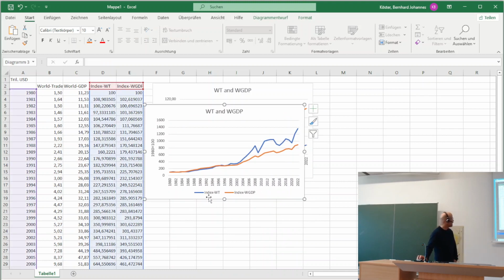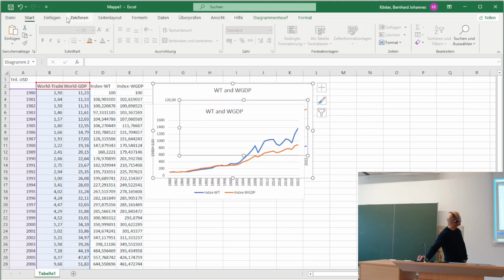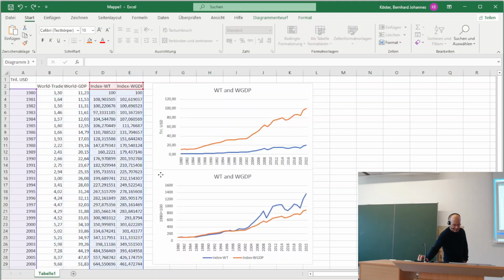Well, and now what you see, and maybe you are a little bit surprised, because in US dollars the blue line seems to be a little bit flatter than the orange line.